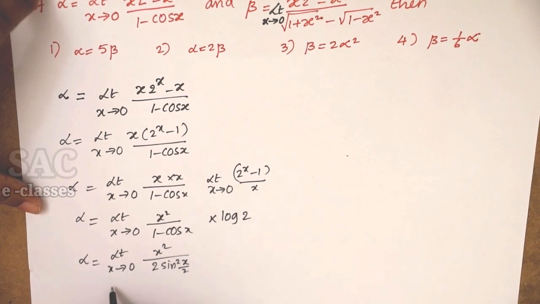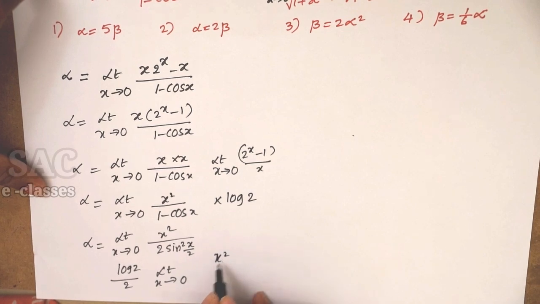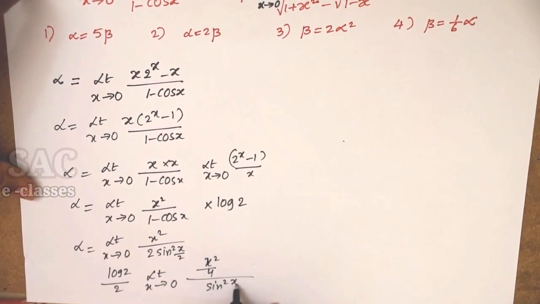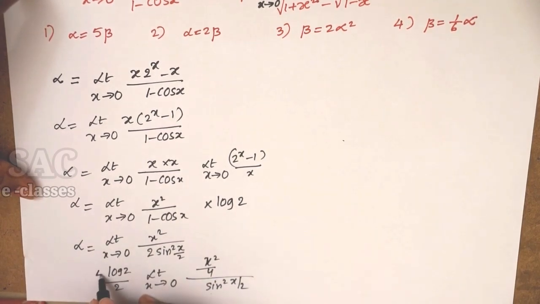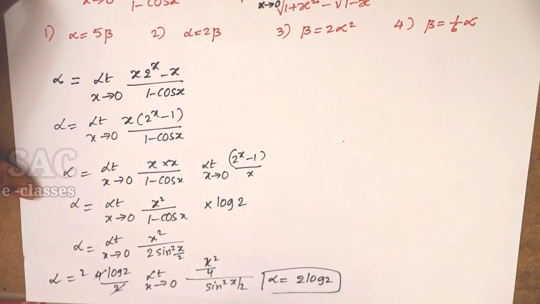So you can write it as log 2 by 2 into limit x tends to 0, x square by 4 and sin square x by 2. But I have divided by this 4, so I should multiply, and it gets cancelled. To make it into the desirable form, I multiplied with 4 and divided with 4. So alpha is 2 log 2, that is the alpha value.